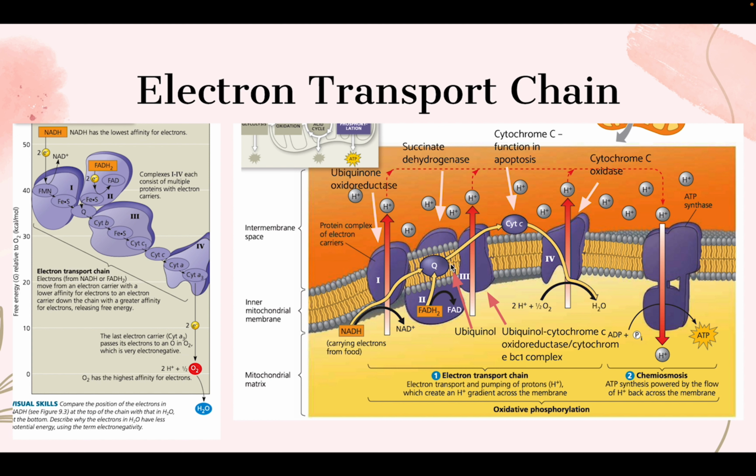These get carried by what they call an electron carrier called Q, or ubiquinol. If you've ever seen those ads or supplements for CoQ10, this is the same stuff. And it's important to note that Q is in the membrane, which means it's lipid soluble, it's hydrophobic.